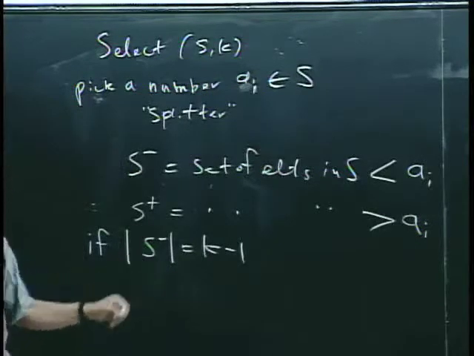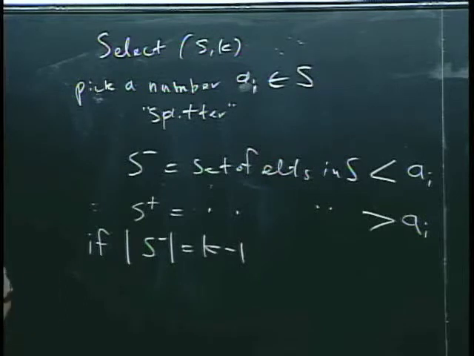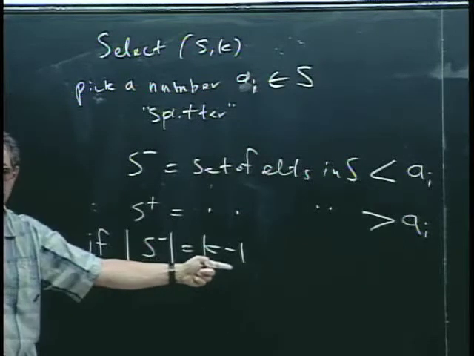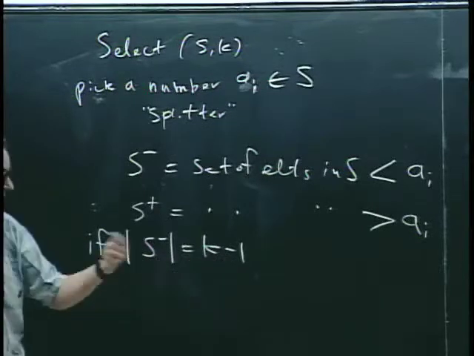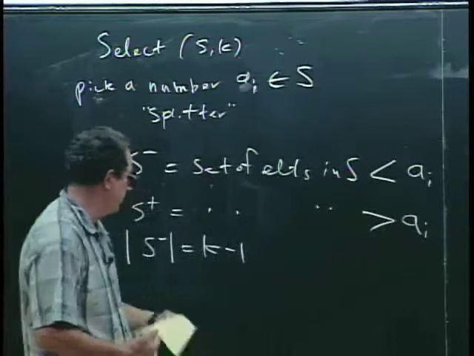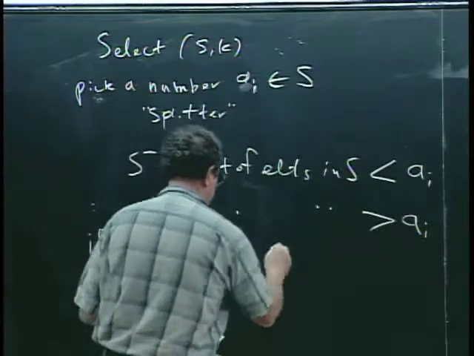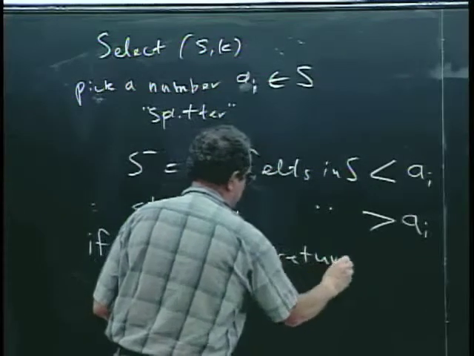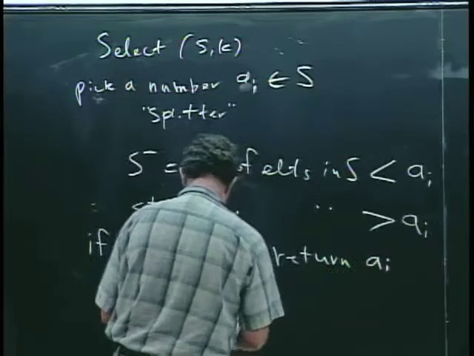S minus are the elements strictly less than a_i, and we're looking for the kth smallest element in S. So we can conclude that a_i is the kth smallest element, because exactly k minus 1 are smaller, and all the other ones are strictly bigger than a_i. So a_i must be the kth smallest, and so we'll return a_i.